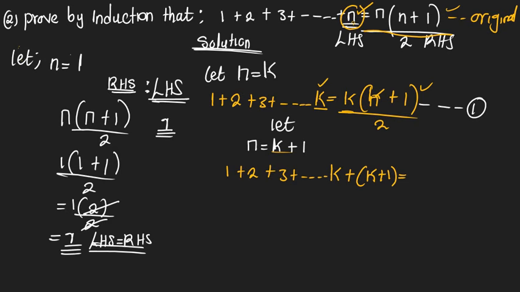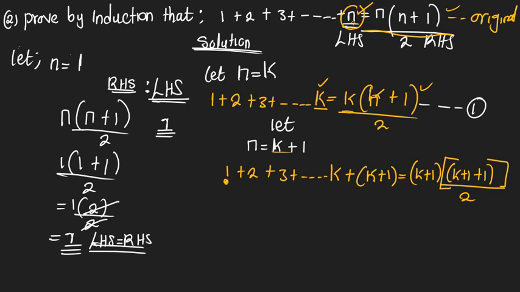So you get your original equation where there is n. You replace with k plus 1. Even inside, you're going to replace with k plus 1, plus 1, then over 2.